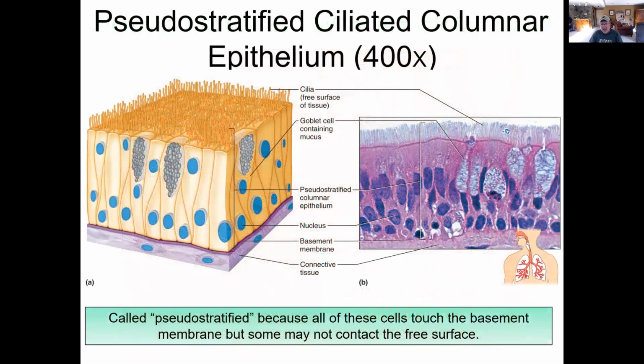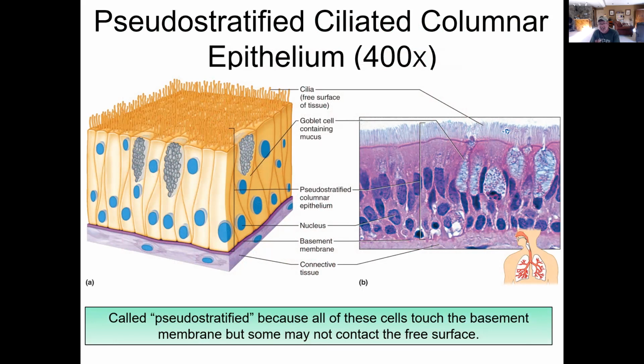Okay. Now here's a special category that I did not talk about in the earlier slide where I was talking about the two criteria, cell shape and layering. It's called, obviously here, pseudostratified ciliated columnar. Now, the magic word here is pseudostratified. We just talked about simple columnar that is ciliated, i.e. lining of the oviducts or fallopian tubes.